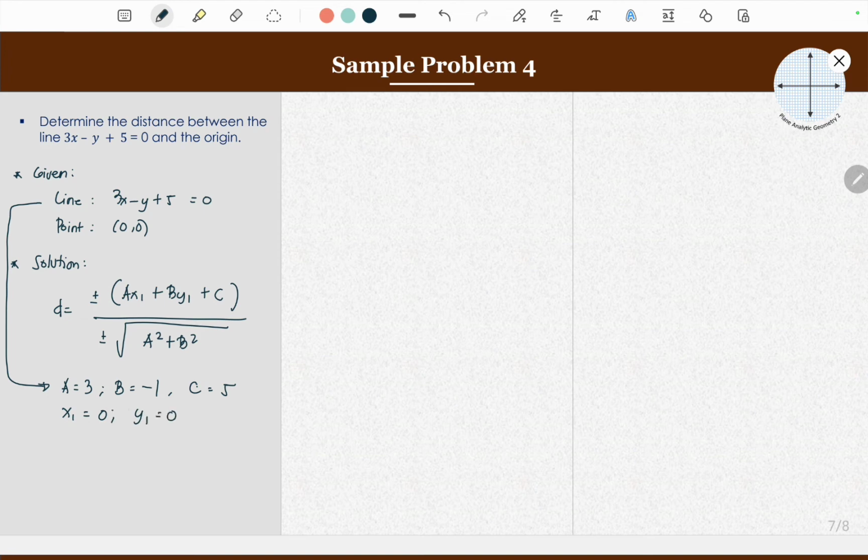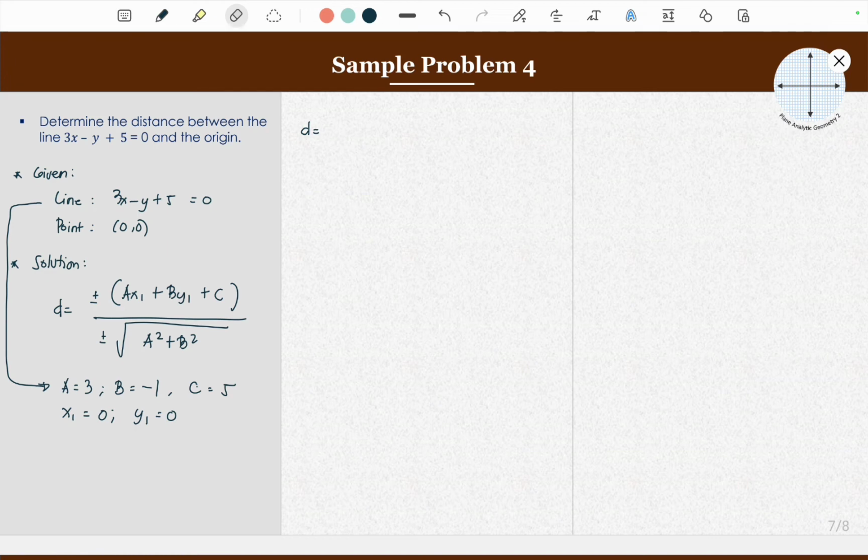So, substituting these values to the formula, let's try to omit the signs here. At the end of our solution, let us just take the absolute value of our answer, because when you are measuring a distance, you just take the absolute value.